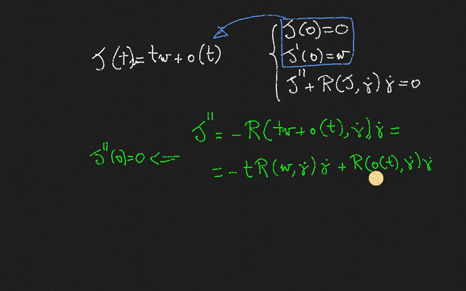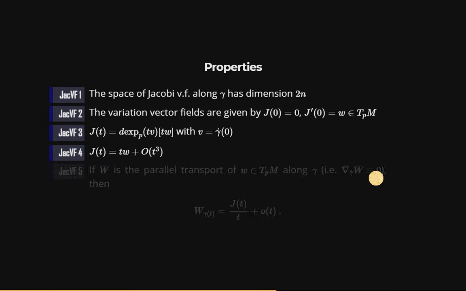So you get at least order 3. And this in turn implies that Jacobi vector fields approximate parallel transport.